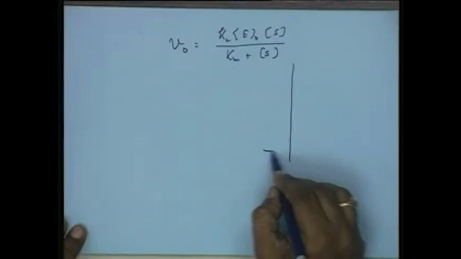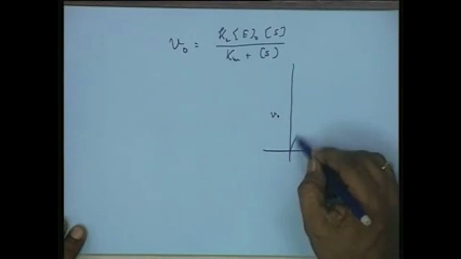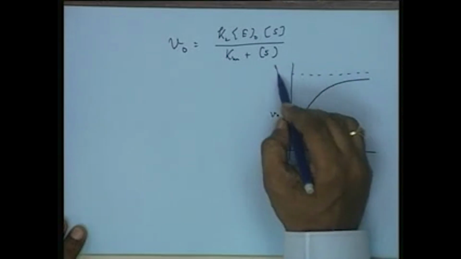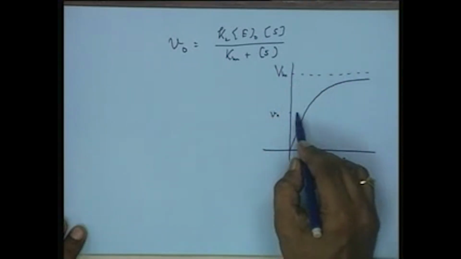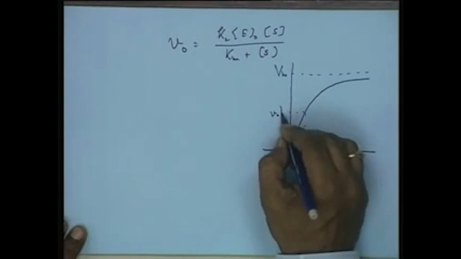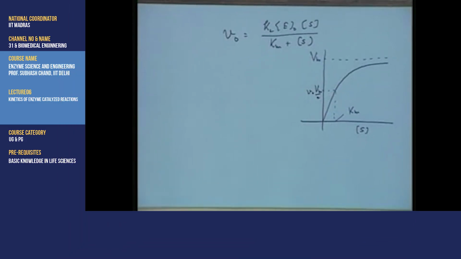If you go back to its graphical representation, a saturation kinetics represented by a rectangular hyperbola, this is Km at Vm by 2. Now, unlike most chemical reactions, you will notice that this represents a case where the order of a reaction changes with substrate concentration.